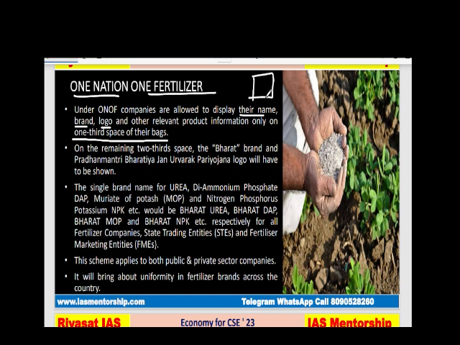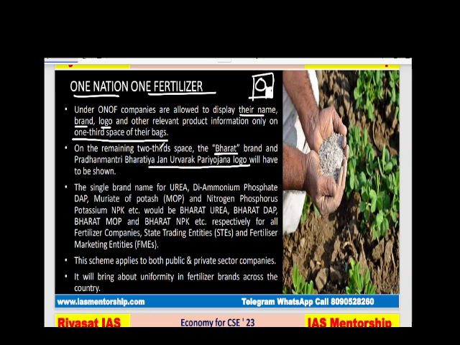Suppose this is my bag, just in this 1/3 part, the company can provide the company logo, what type of fertilizer, and they can display whatever they want. But in the rest of the part, they have to write the Bharat brand. Okay, and the Pradhan Mantri Bharatiya Jan Urvarak Pariyojana logo will be shown here, not the company's logo.